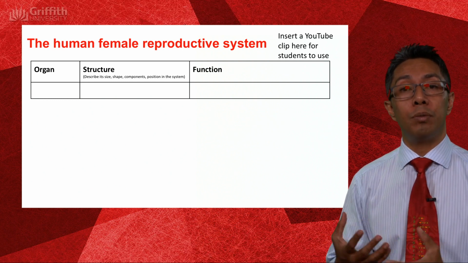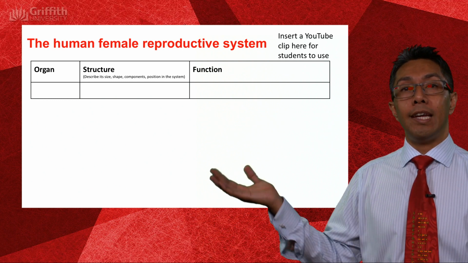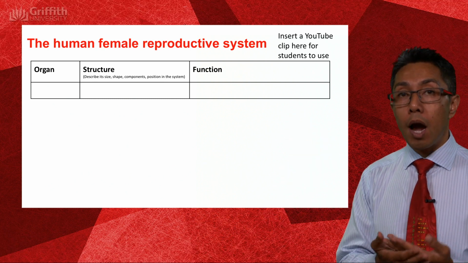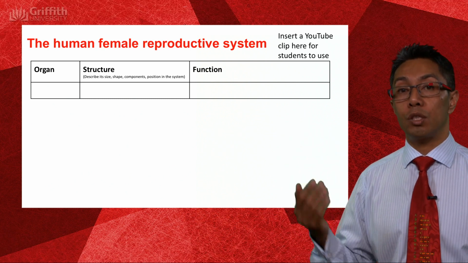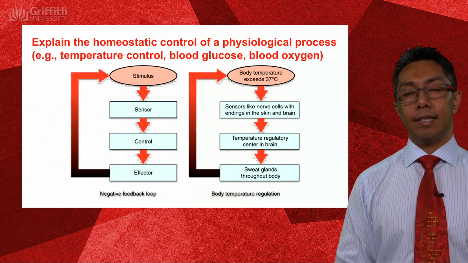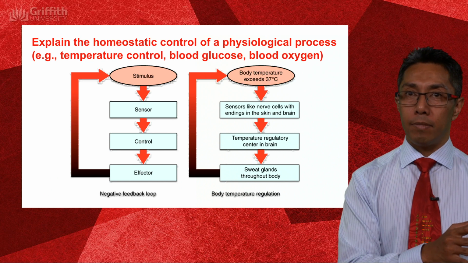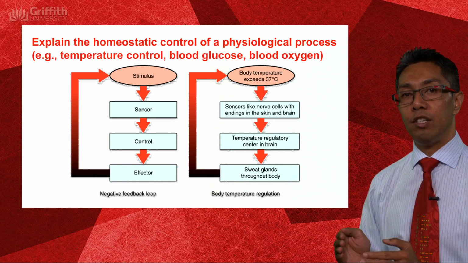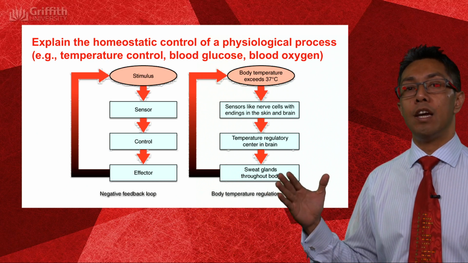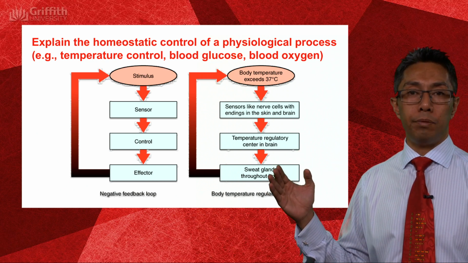But the same principle applies, that in anatomy, we identify the organs in particular, we describe their structure, and then we also describe their function in particular. Okay? Excellent. Okay, so that's anatomy. Now we're moving on to physiology. And in particular within physiology is this idea of homeostatic control.